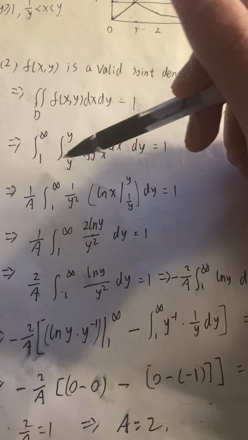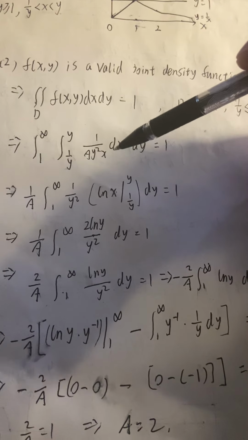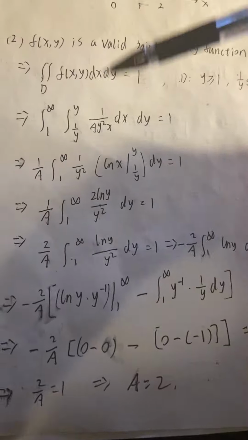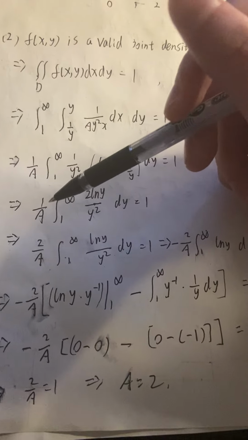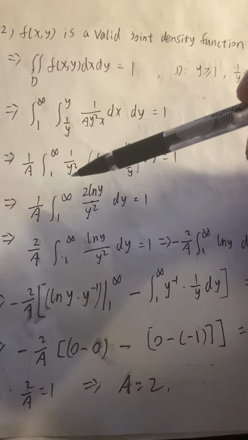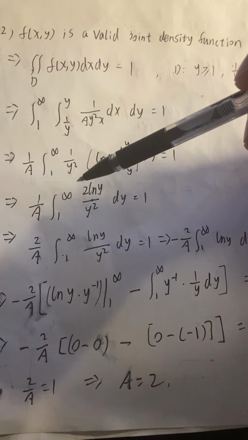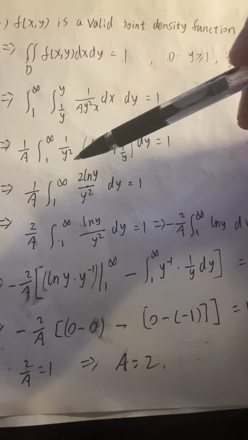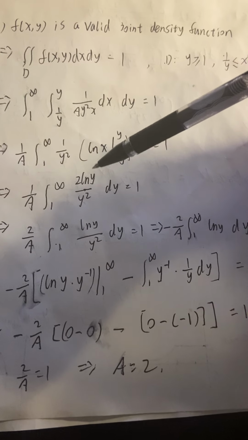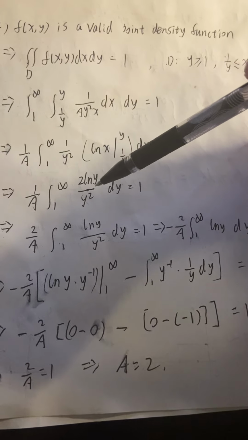So now we can calculate this integral first, and it will be 1 over a times the integral from 1 to infinity, 2 times ln of y divided by y squared dy.